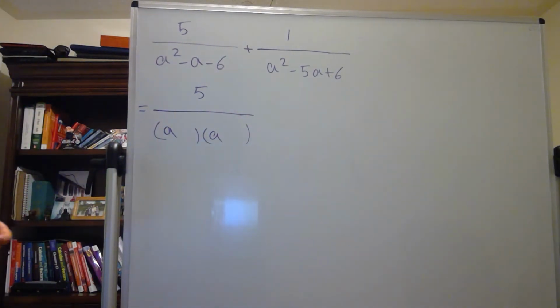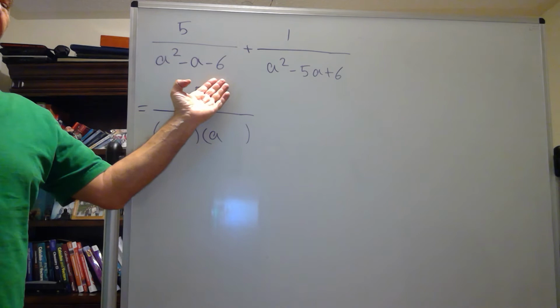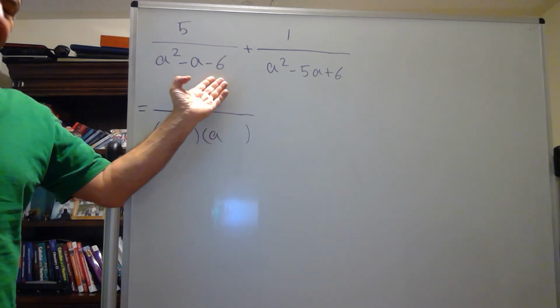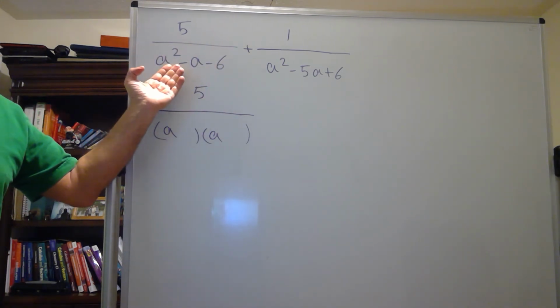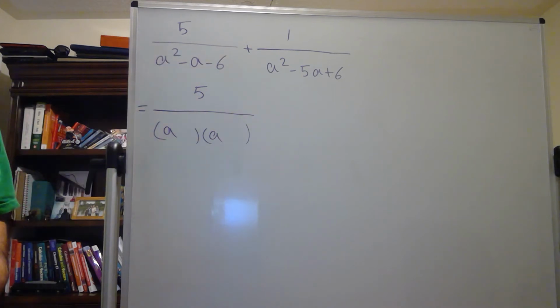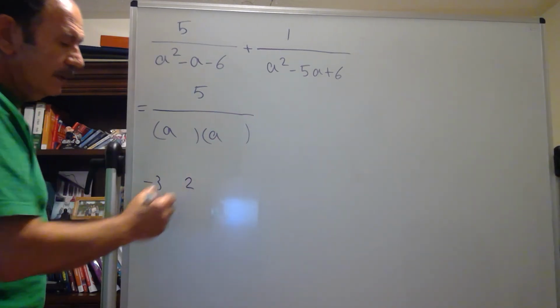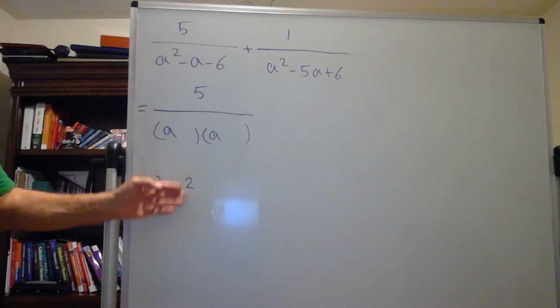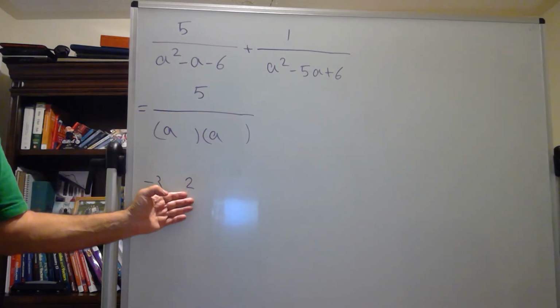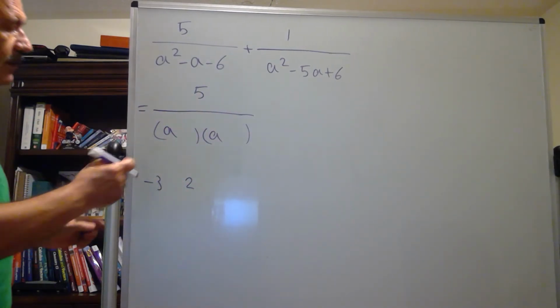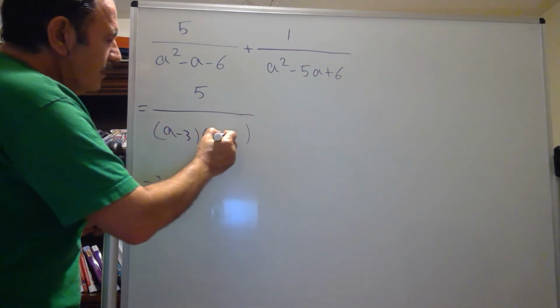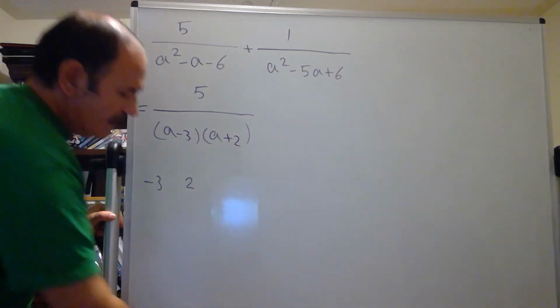For the second term, we should find two numbers. When we multiply them, the result is negative 6. When we add them, the result is negative 1. Those numbers are negative 3 and 2. Yeah? Negative 3 times 2 is negative 6. Negative 3 plus 2 is negative 1. So a minus 3, a plus 2. This is for the first one.